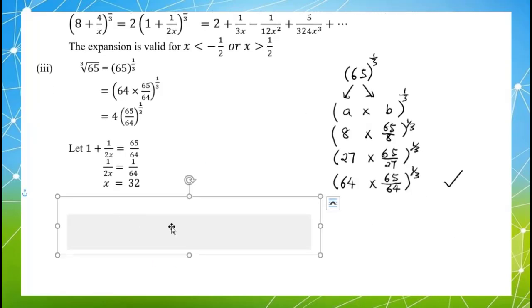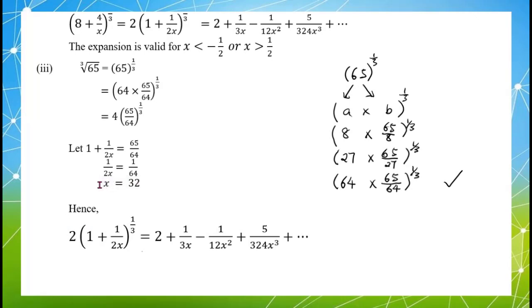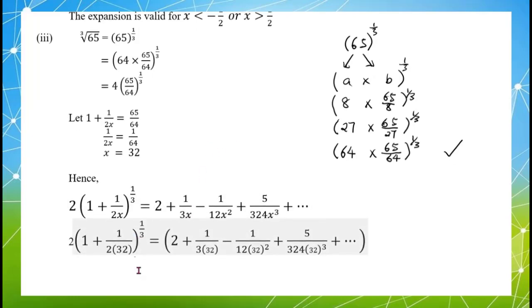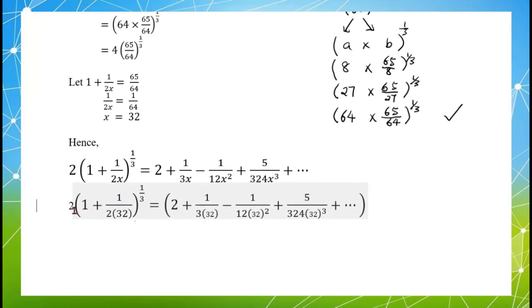So now I can substitute x equals 32 into the binomial expansion to find the cube root of 65. When I substitute x with 32 and simplify the left hand side and right hand side, I get 2 multiplied by 65 over 64 power 1 over 3 is approximately 2.01554.